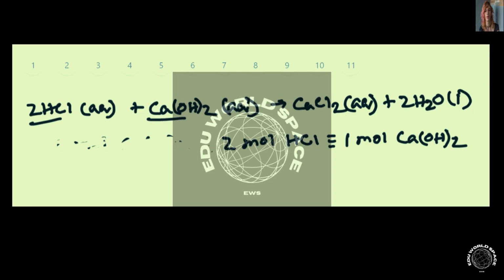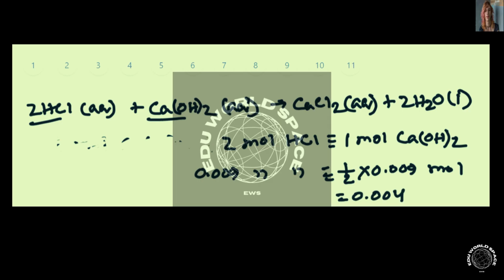That means 0.009 mole HCl will be required to neutralize half times 0.009 mole, which will be equal to 0.004 mole. So this is the number of moles of calcium hydroxide which will be neutralized.